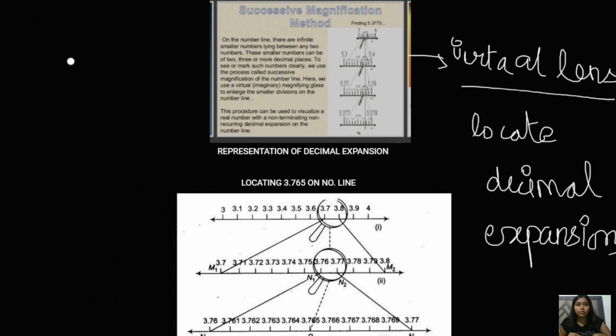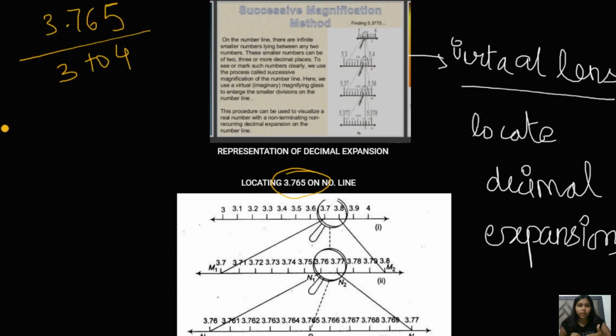I have taken the example of locating 3.765 on the number line. Let's have a look. First of all, you have to see that 3.765 comes between the 3 and 4 section of the number line.